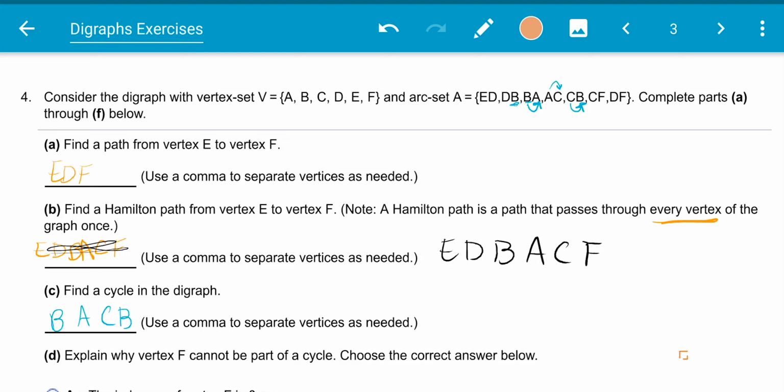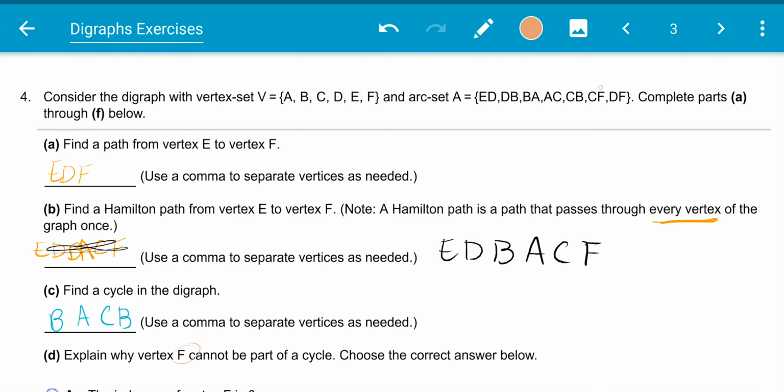So if we look at a vertex such as F, the only time that we have F is C to F and D to F. So F has an in degree of 2 and an out degree of 0.